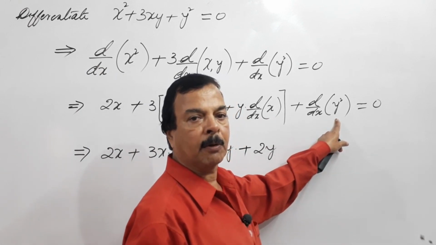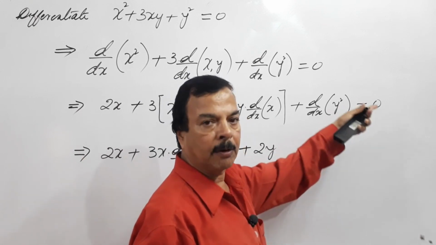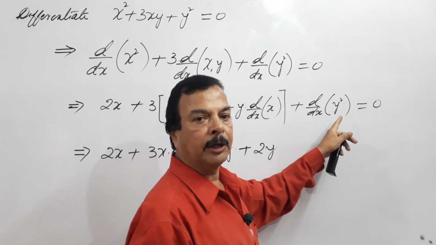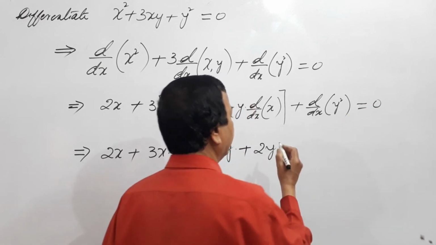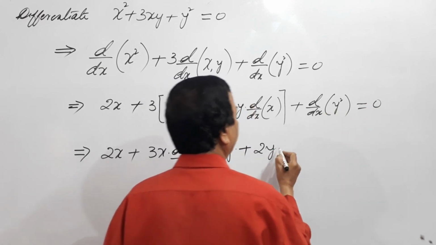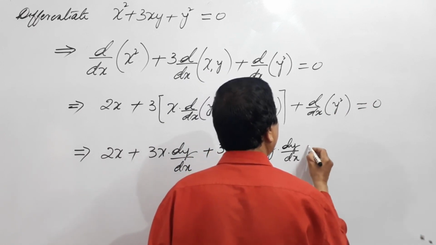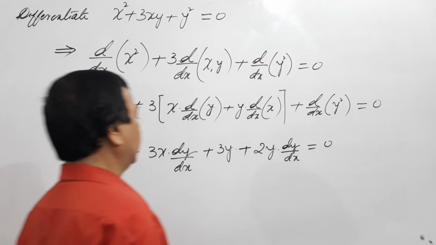Treat this as x to the power of n, so here y to the power of n, so n into y to the power of n minus 1. Thus it becomes 2y into dy by dx equals to 0.